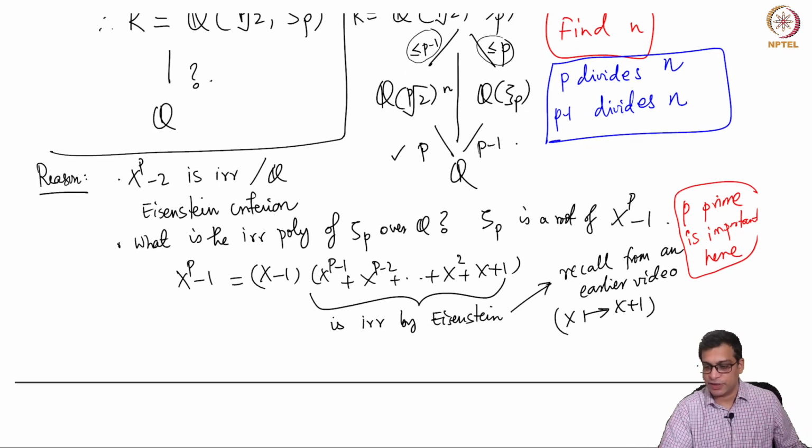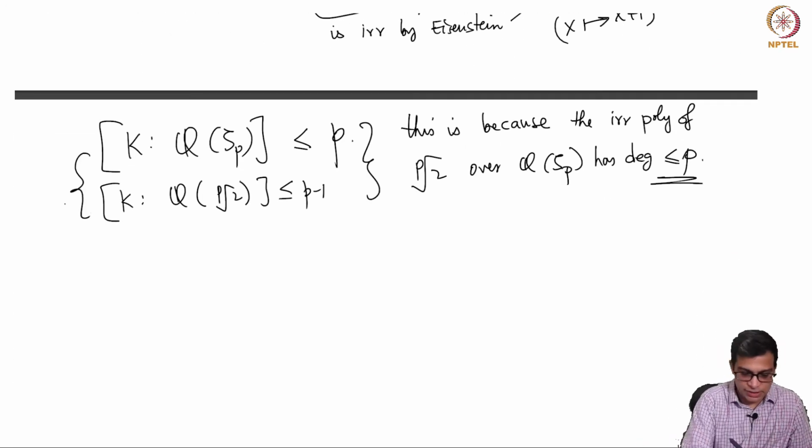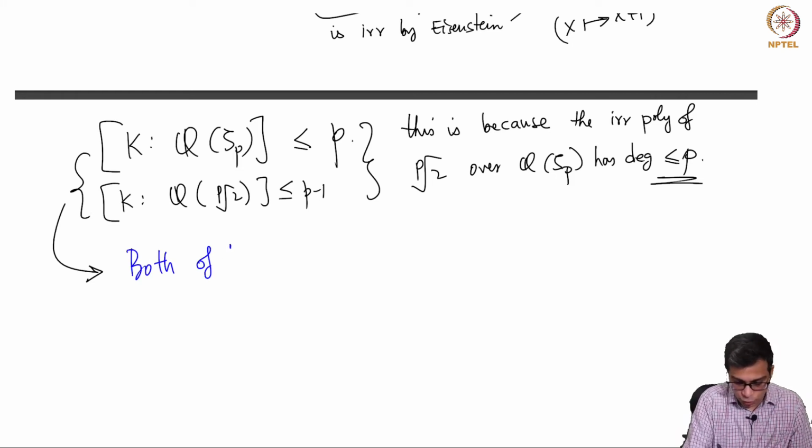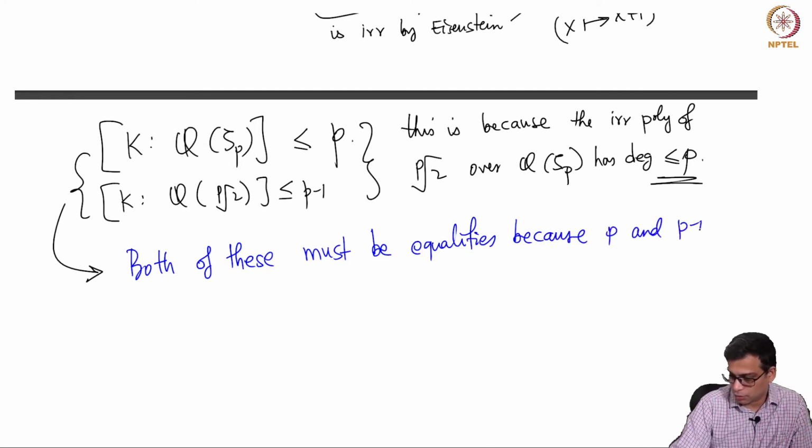The product is divisible by p. So both of these must be equalities, because p and p minus 1 are coprime.